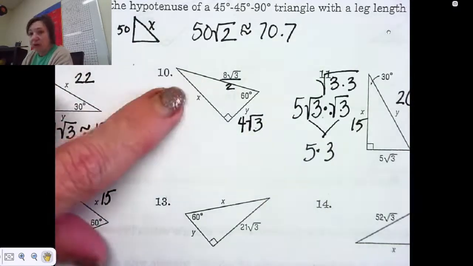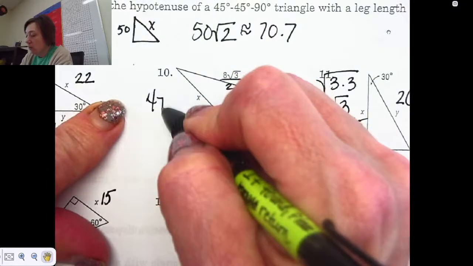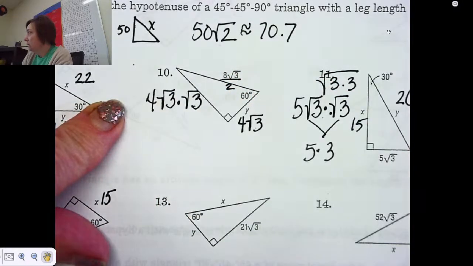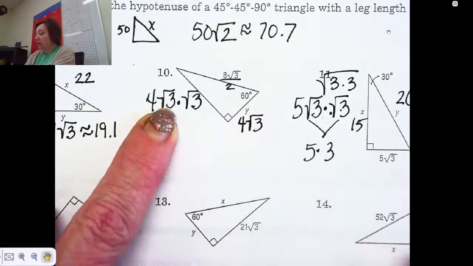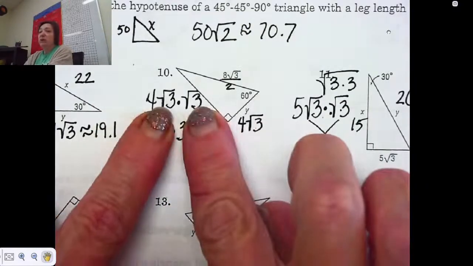And then over here, for this side, we're going to do 4 square roots of 3 times the square root of 3, right? Now, what does that give us? We're going to have 4 times 3. Why? Because square root of 3 times square root of 3 is just 3.